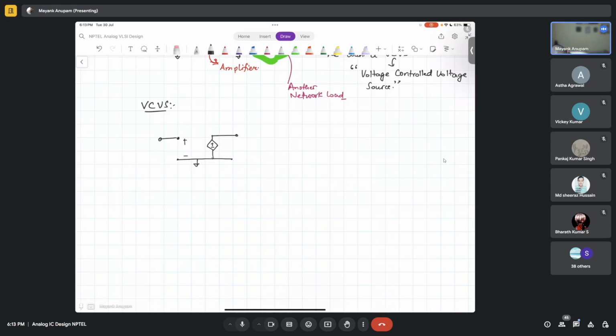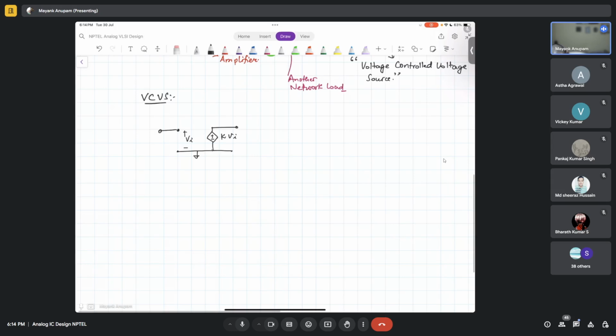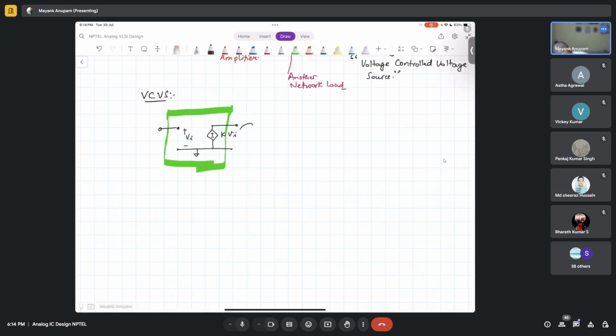So let's say this is VI, so this will be some K times VI. Okay, so this is a VCVS. So whatever you connect at the output. The voltage at port number 2, so let me also identify this.